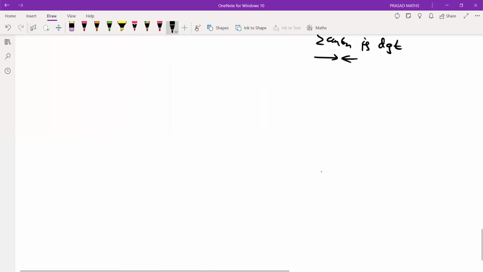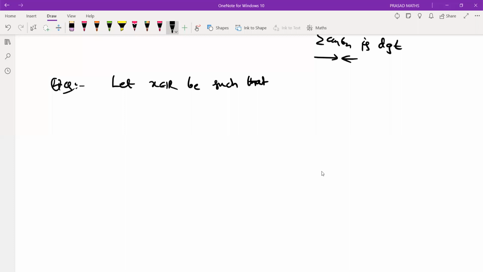This is in CSIR. Fourth one, this is also a very interesting question, on geometric series. Take a real number x with mod x less than 1.